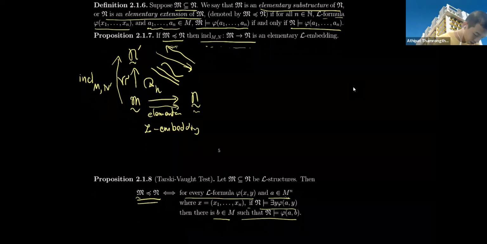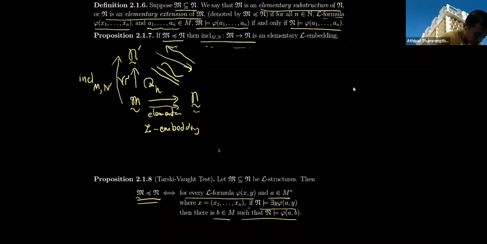Let me point out something. When we talk about the elementary extension, we go from M satisfies phi(a1, ..., an) if and only if N satisfies phi(a1, ..., an).